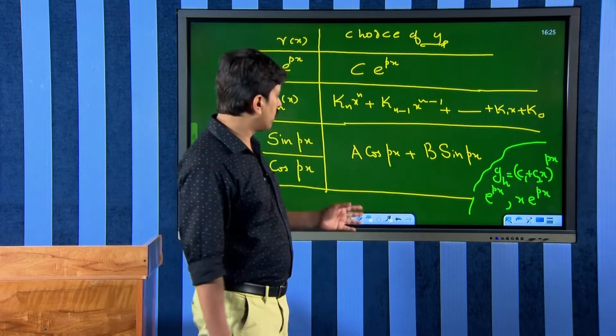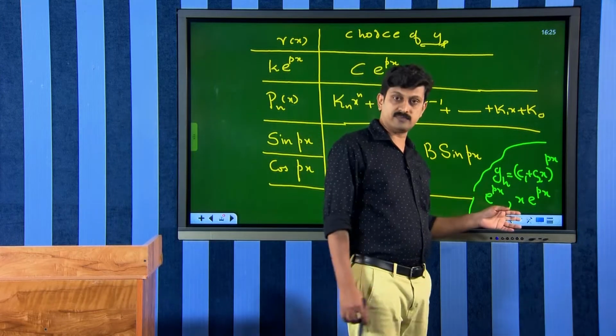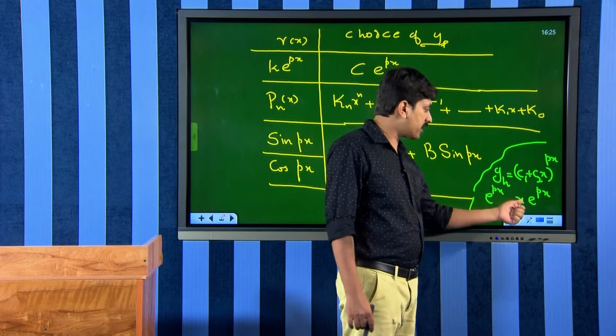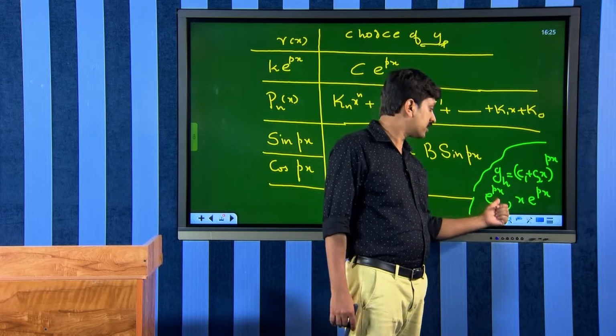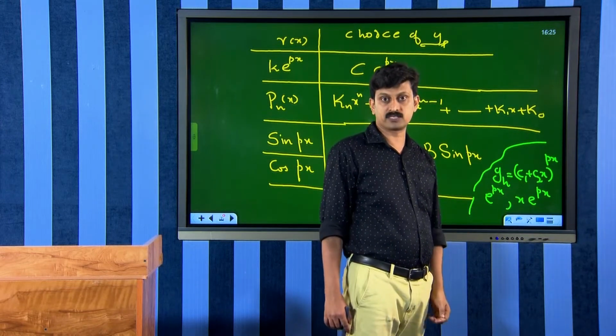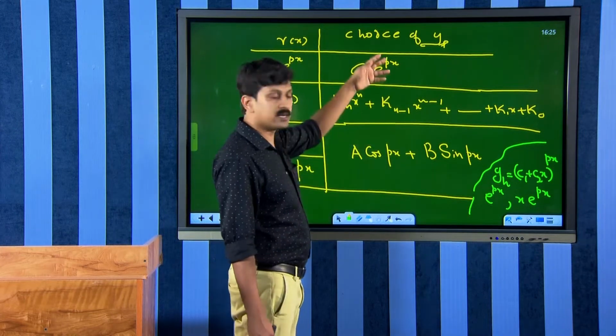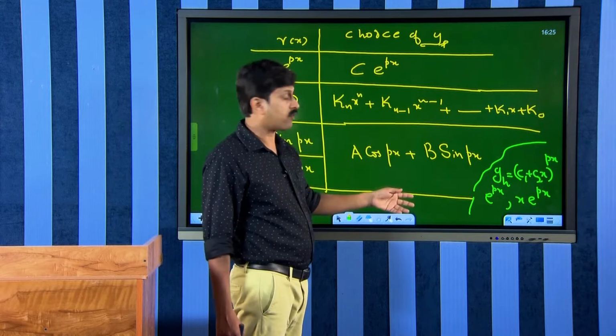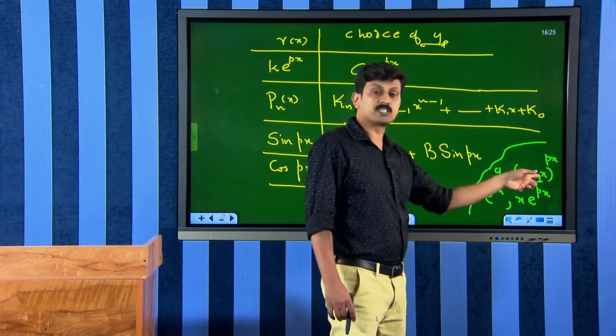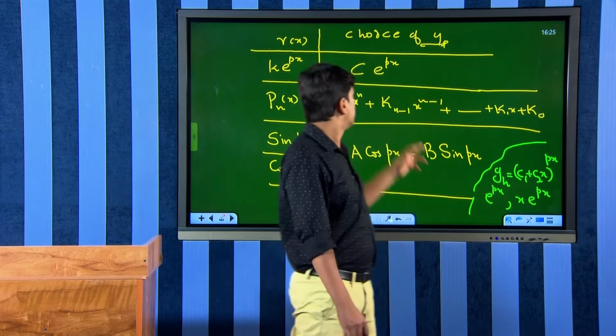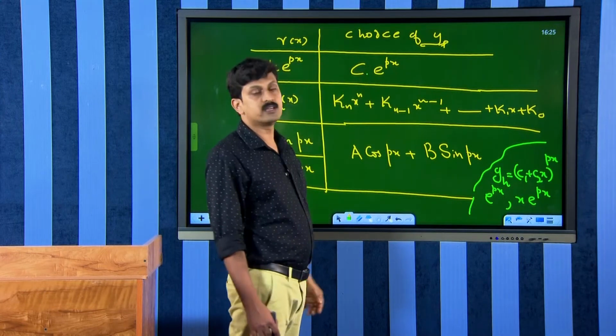So, while finding yp, we are unable to consider that as either e raised to px or x e raised to px. In that case, we just multiply the term in our choice of yp with the next power of x, that is x square, that is c x square e raised to px.